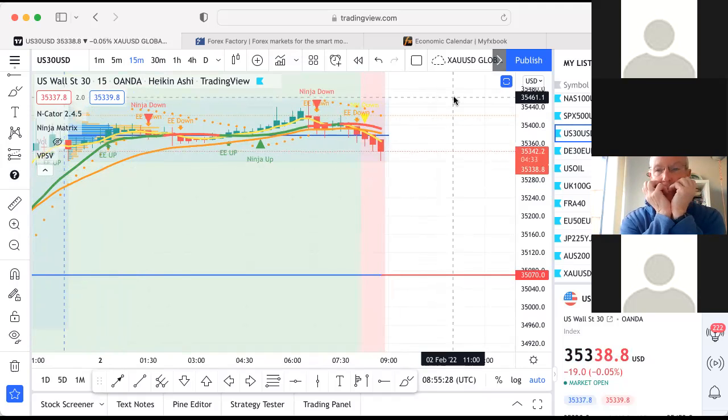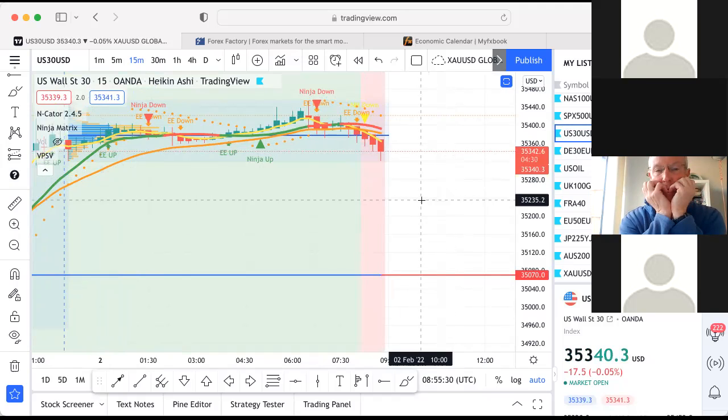Somebody posted this morning they had a trade on 2 different accounts on the same pair, and there was a massive difference in the value, and that was down to the broker. Well, I think it was down to the leverage difference between the brokers, but it was quite a significant difference.